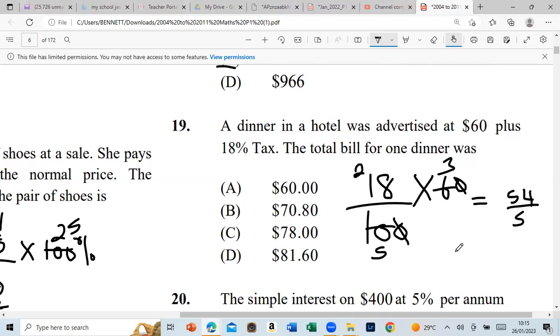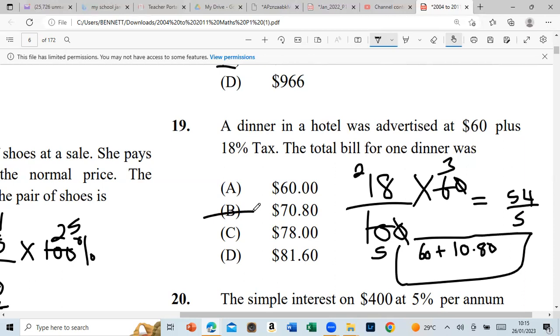That goes what? 10 times 5 is 50, or 4 over 5. 4 over 5 as a fraction is 10 points. So add the 60 and the tax. So we have a pay and tax, right? So you have to add on the tax amount. So it's $70.08.